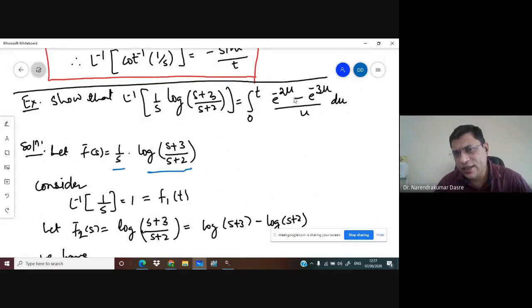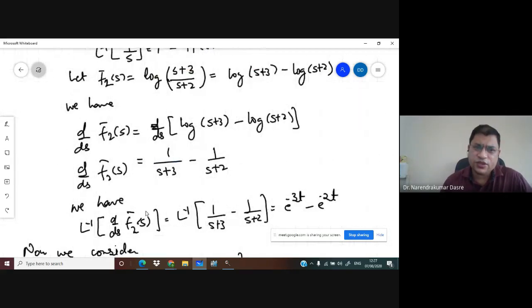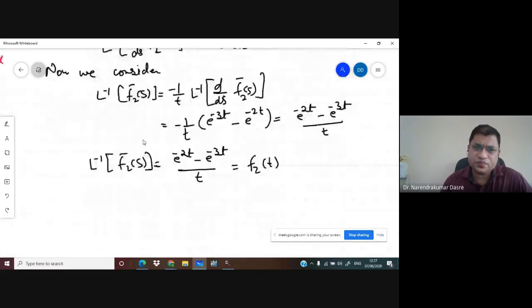Here u is used in f2, so f1 becomes t minus u. But being a constant function, it remains 1 for t and also for t minus u. Hence we can write by using the convolution theorem.